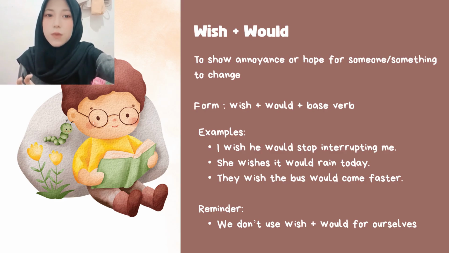And next, she wishes it would rain today. And this shows hope for something to change. And another example is they wish the bus would come faster because waiting too long can be frustrating. But a reminder, we don't use wish plus would to talk about ourselves. So this form is usually for other people or things, not I.